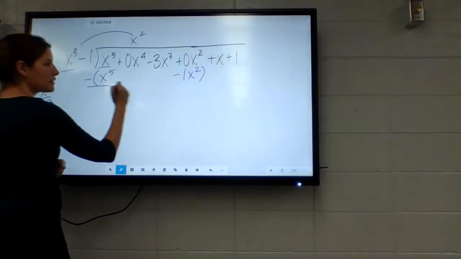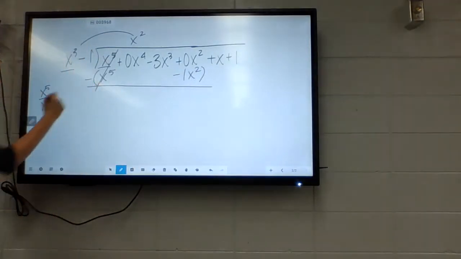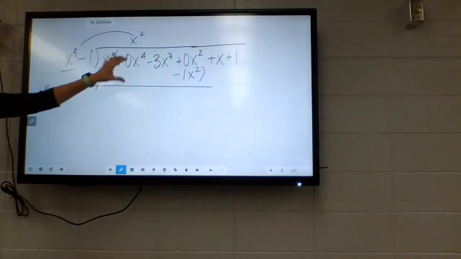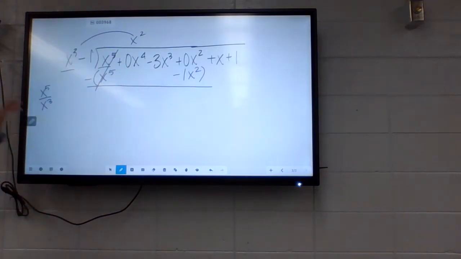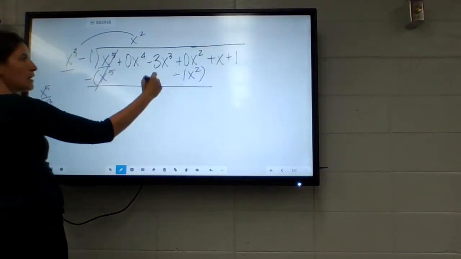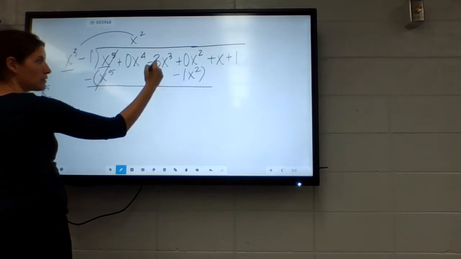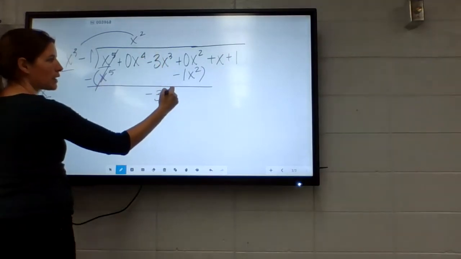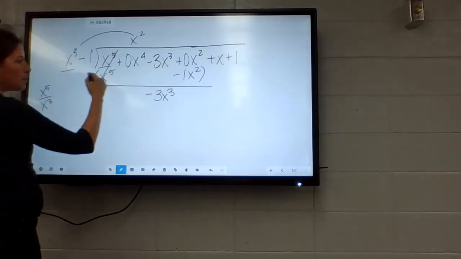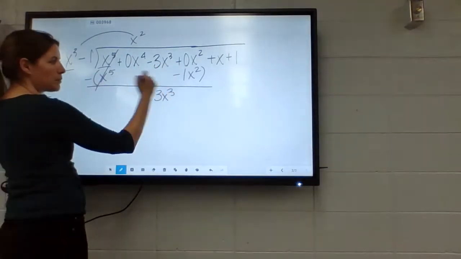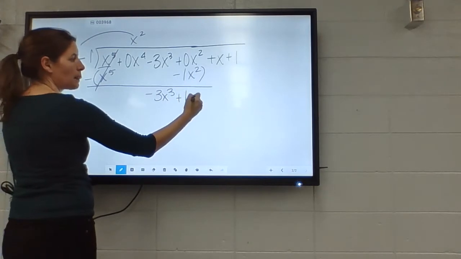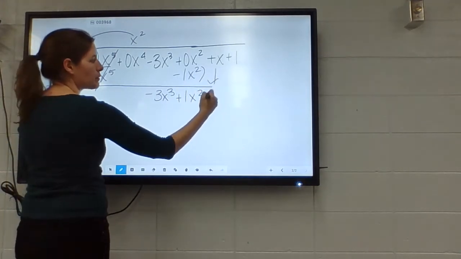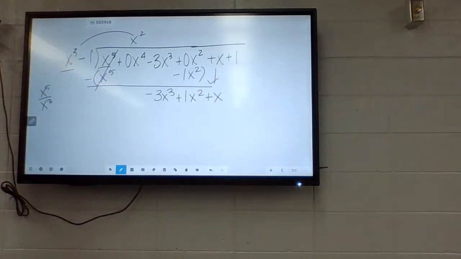So I have to subtract this whole row. This should cancel. Now the 0x to the 4th, I don't need to write. 0 is nothing, so I'm not going to write that. I'm going to bring down negative 3x to the 3rd minus 0, it's just negative 3x to the 3rd. Then 0 minus a negative 1 is going to be 0 plus 1. And if you want to bring down these other guys, you can as well.